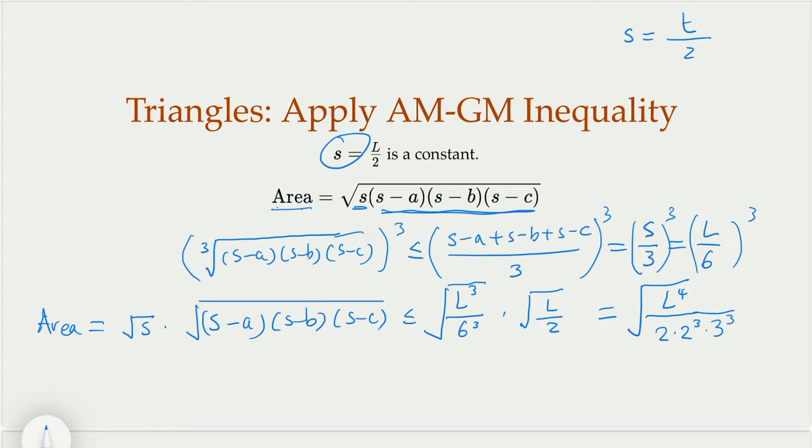Which means what you have is L squared over 2 to the first power, you have 4, and then from 3 to the third power you can take a 3 out, and then the square root of 3. So this is the maximum.